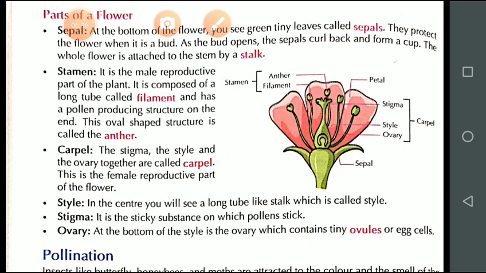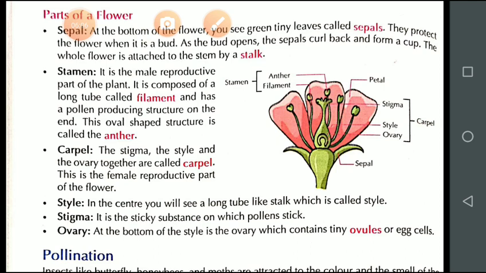So student, to be pollinated, pollen moves from a stamen, and which part of the stamen? Anther, to the stigma. When pollen from a plant's stamen is transferred to that same plant's stigma, it is called self pollination.